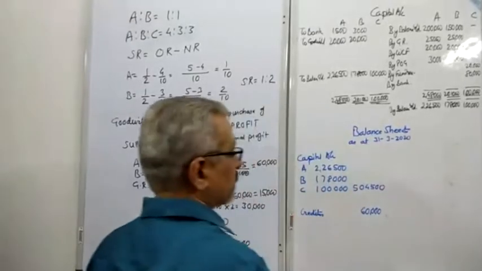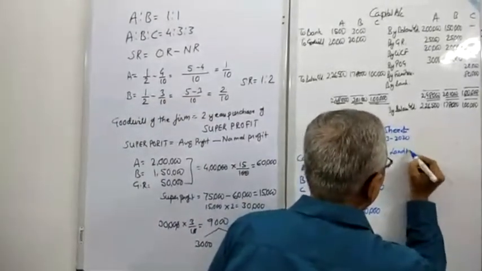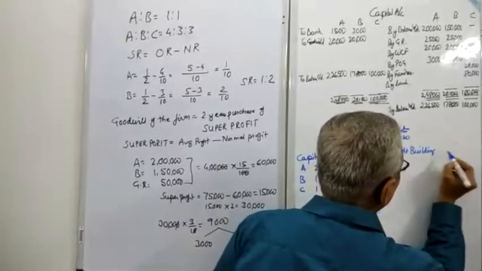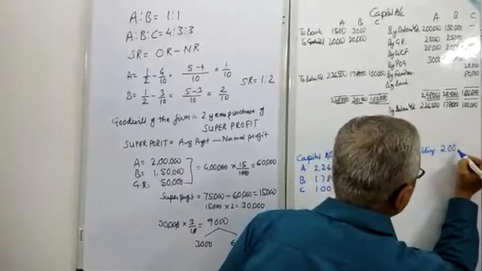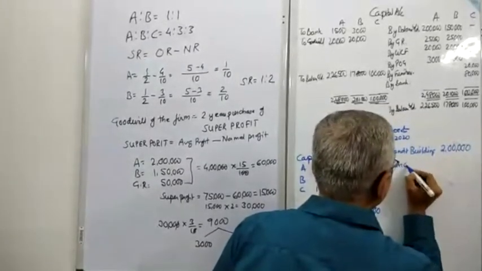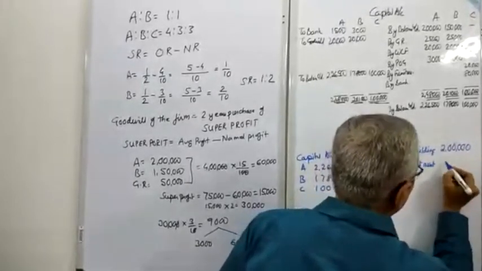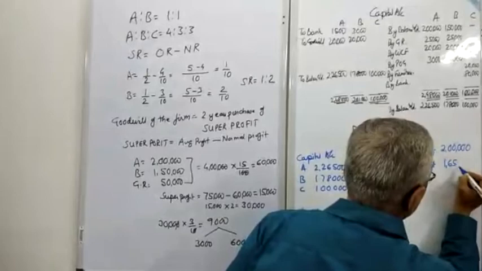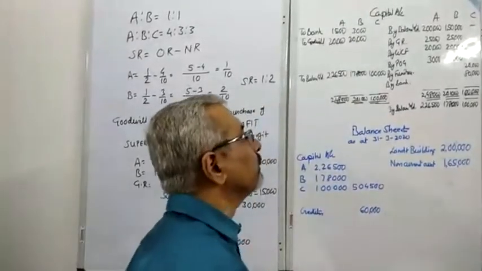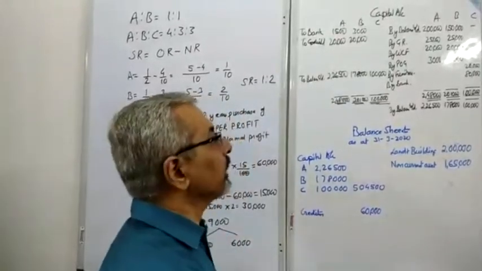and the assets which we have. The first asset which we have is land and building, that is valued at 2 lakh. We have non-current assets valued at 1,65,000, and if you see very carefully, the new partner has brought in furniture worth 20,000.